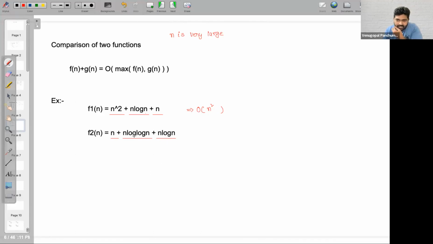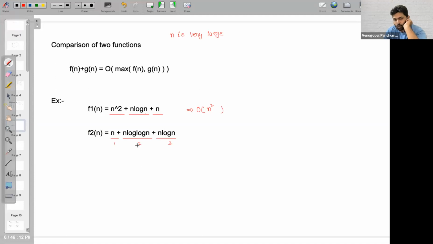Is n bigger? Is n log n bigger? Think again and tell me. Let me take this as the first one, second one, third one. Which is bigger? Think again and tell me.